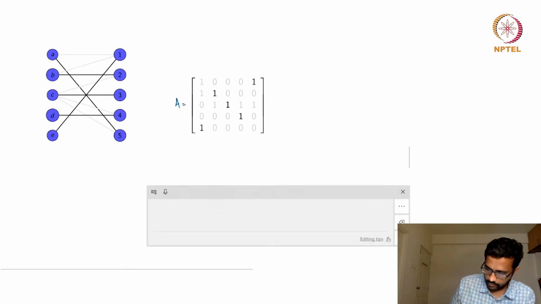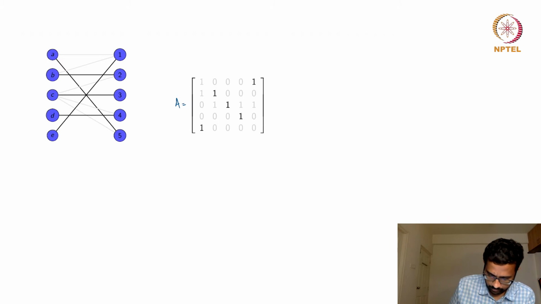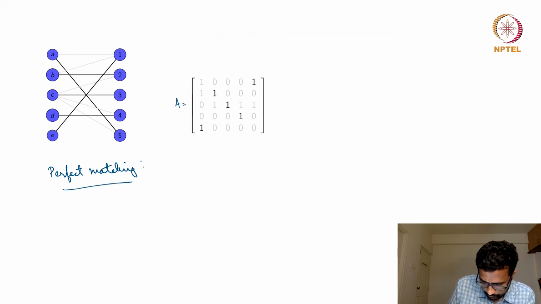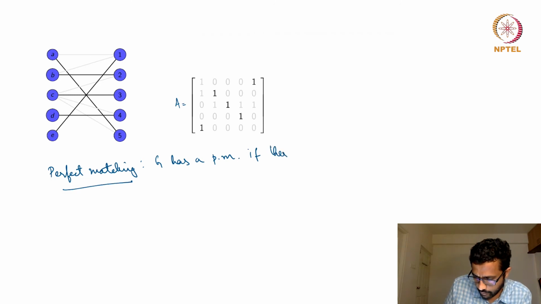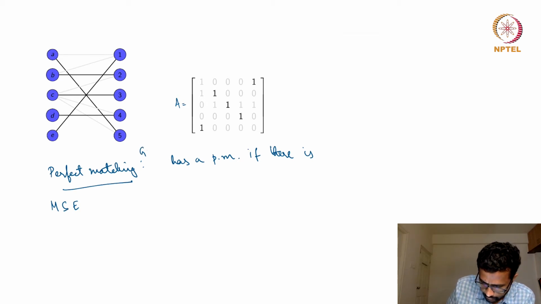Perfect matching. Any graph has a perfect matching, so I'll just say PM if there is M, which is a subset of edges, right? So maybe I'll just say G equal to (V, E).